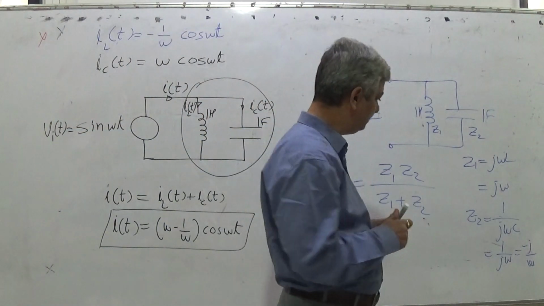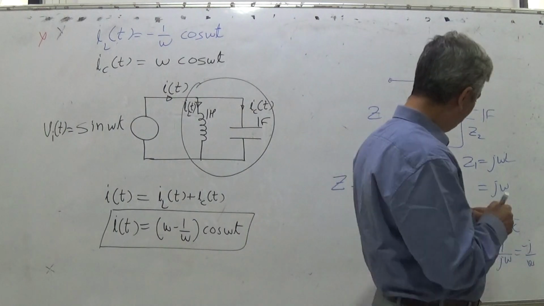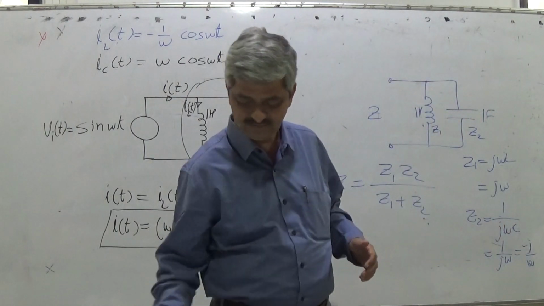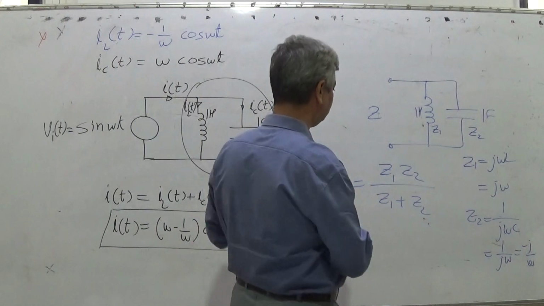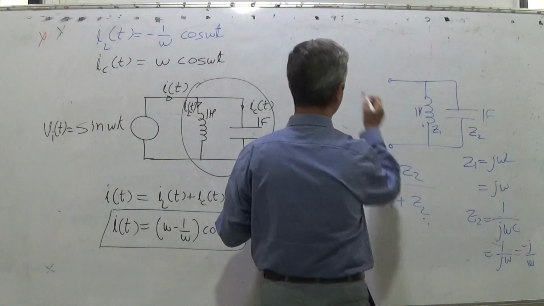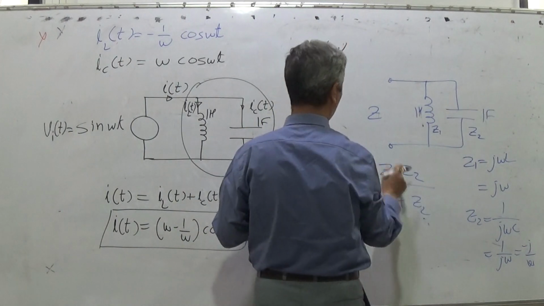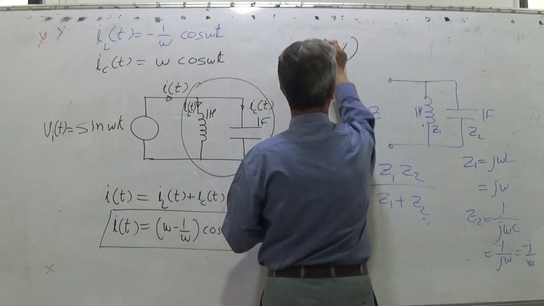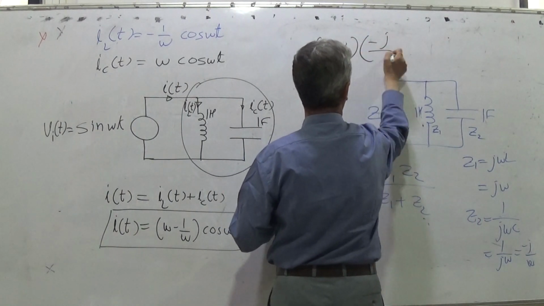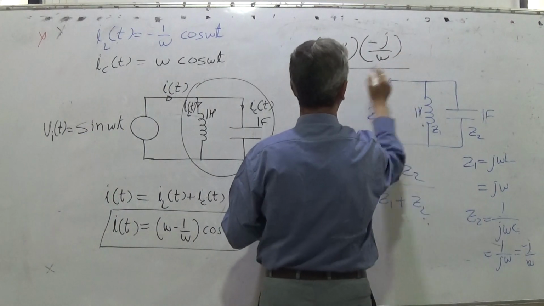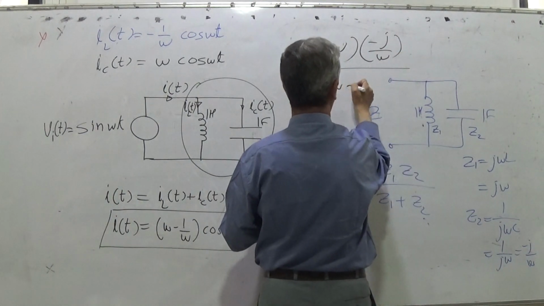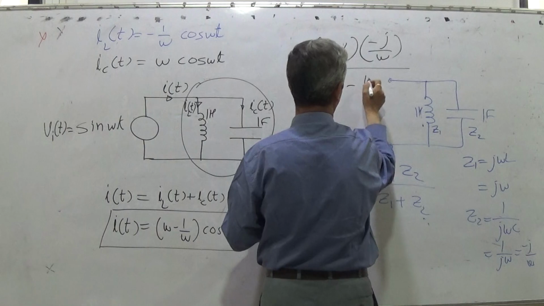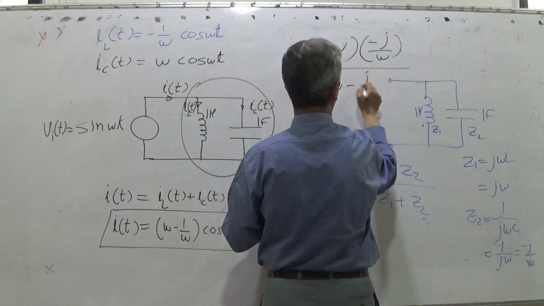So in this case, Z1 is j omega, Z2 is minus j upon omega, so the expression is j omega times minus j upon omega, upon j omega plus minus j upon omega.